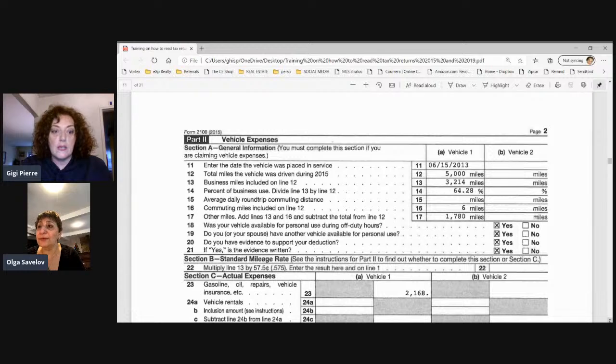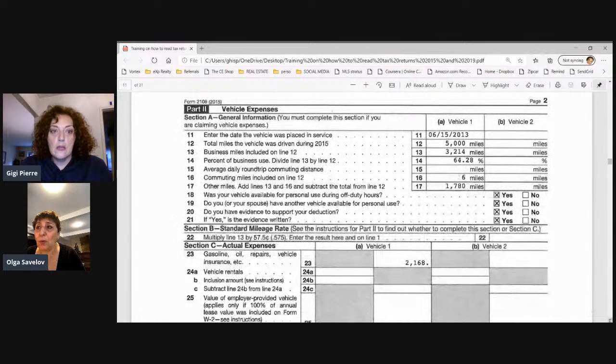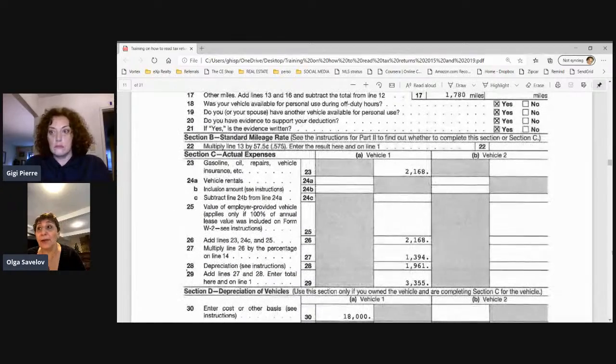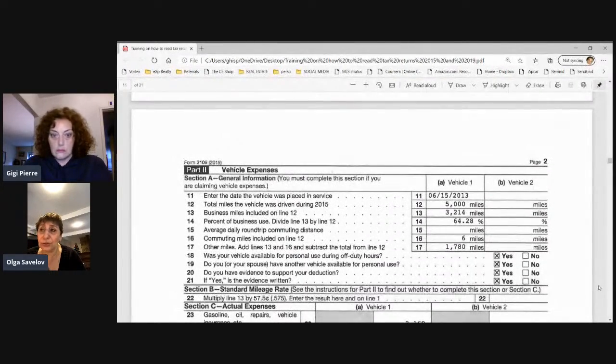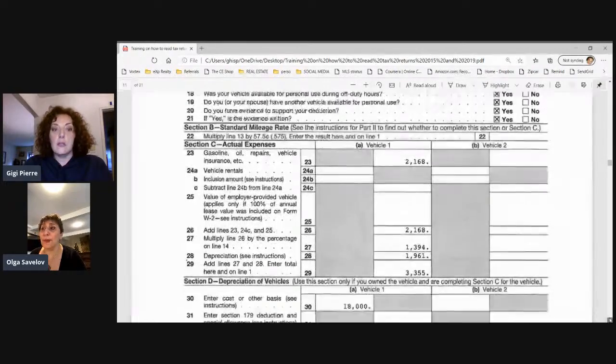Page 11 is basically a continuation of non-reimbursed employee expenses, and it will allow your vehicle expenses to be deducted. But in current tax laws, not that much can be deducted, so we're going to skip that page and go to page 12.